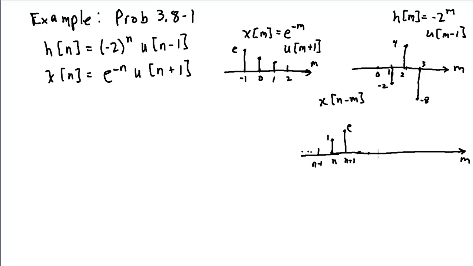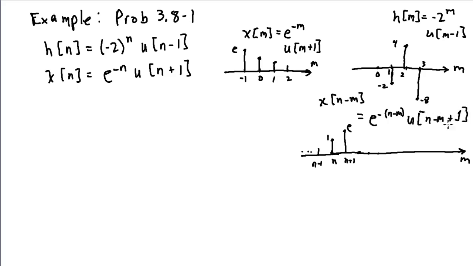It's helpful here to have the mathematical form of x of n minus m, so I'll just substitute n minus m in for m. I get e to the minus n minus m u of n minus m plus 1.